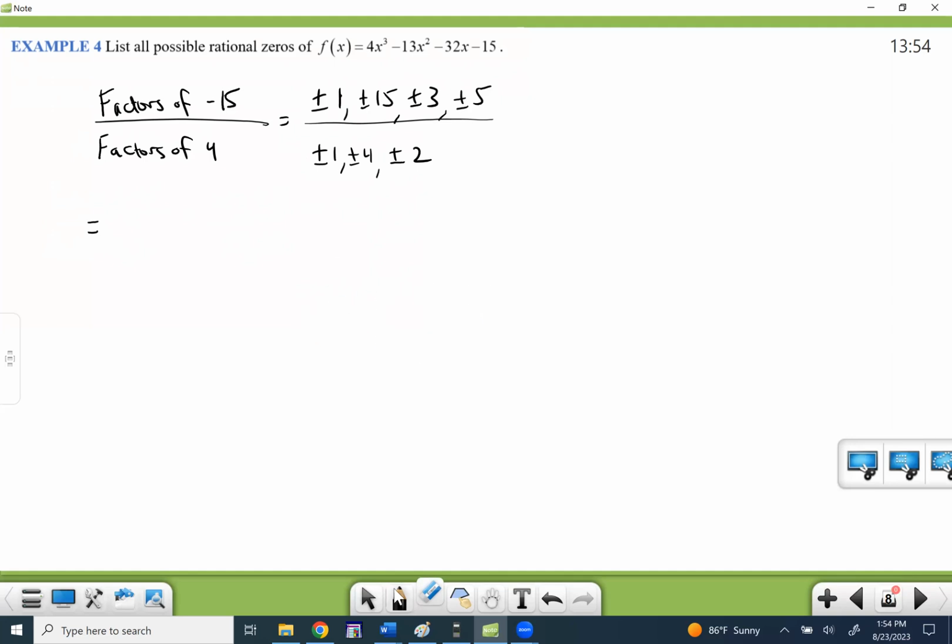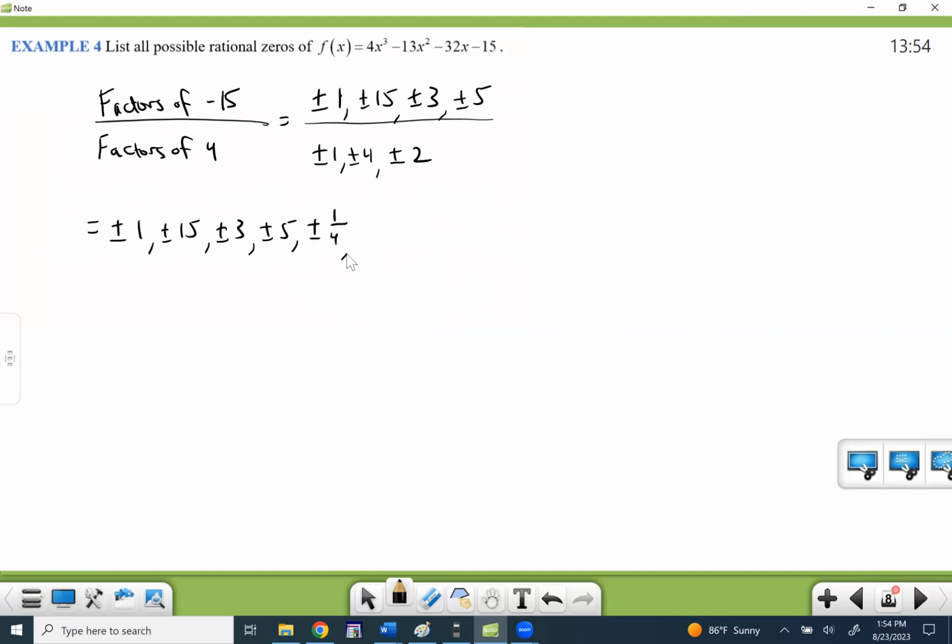Okay, so I'm just going to go ahead and write them down as whole numbers. 1, 15, 3, and 5. That was us stacking them all on top of 1. Now we have to stack them all on top of 4.